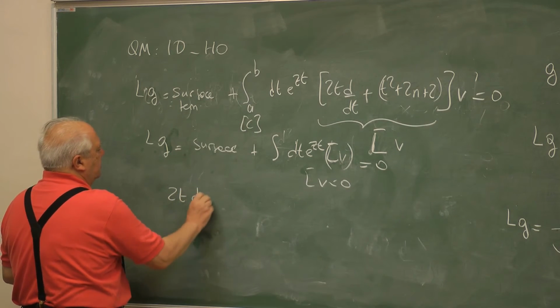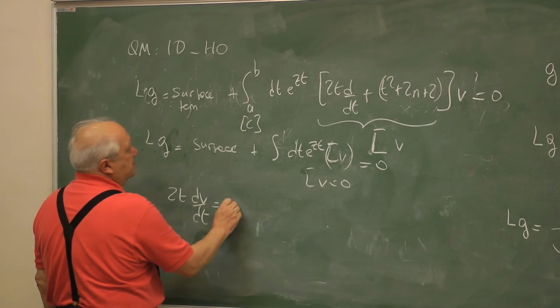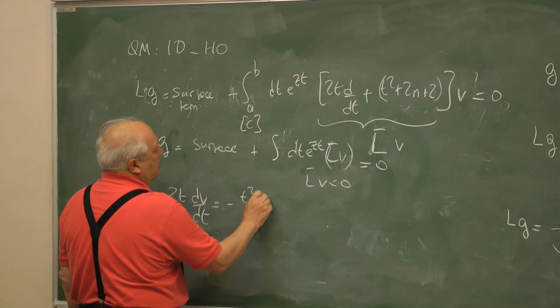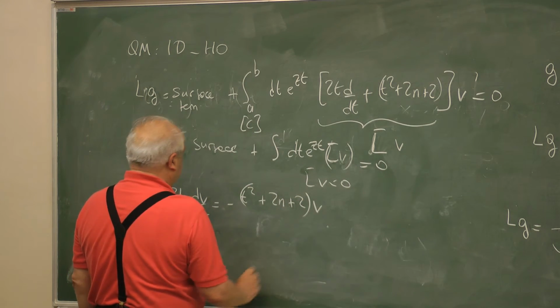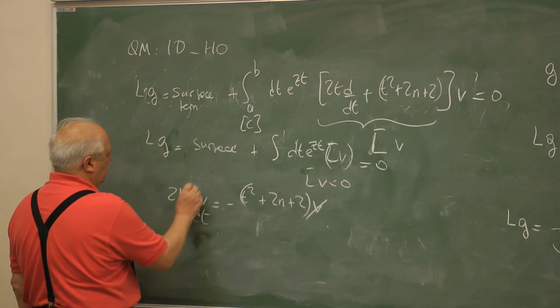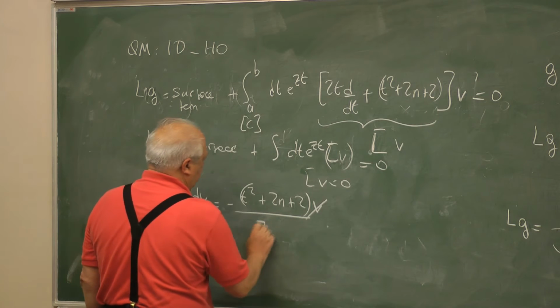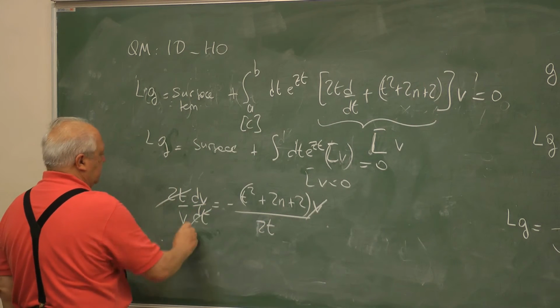2t dv/dt is equal to minus (t² + 2n + 2) v. We divide by v, divide by 2t, and multiply by dt.